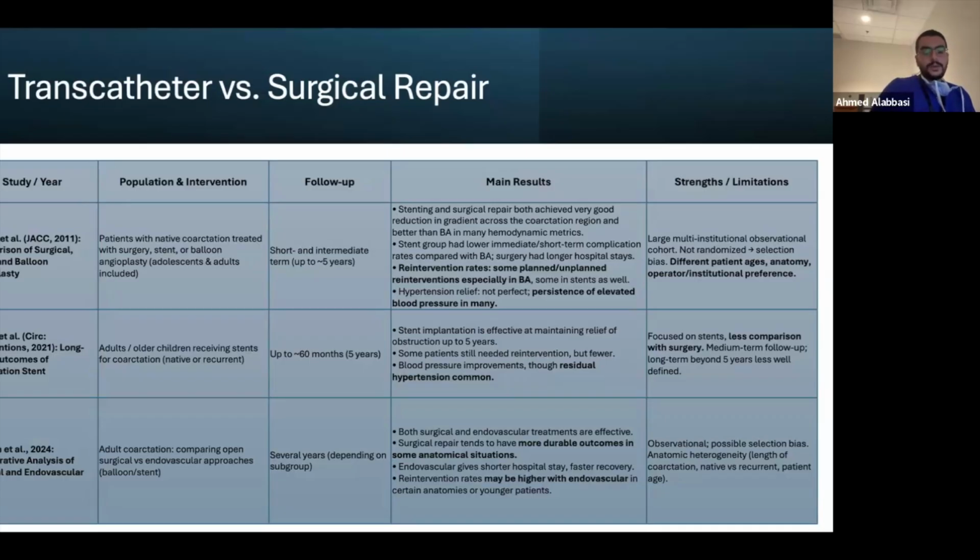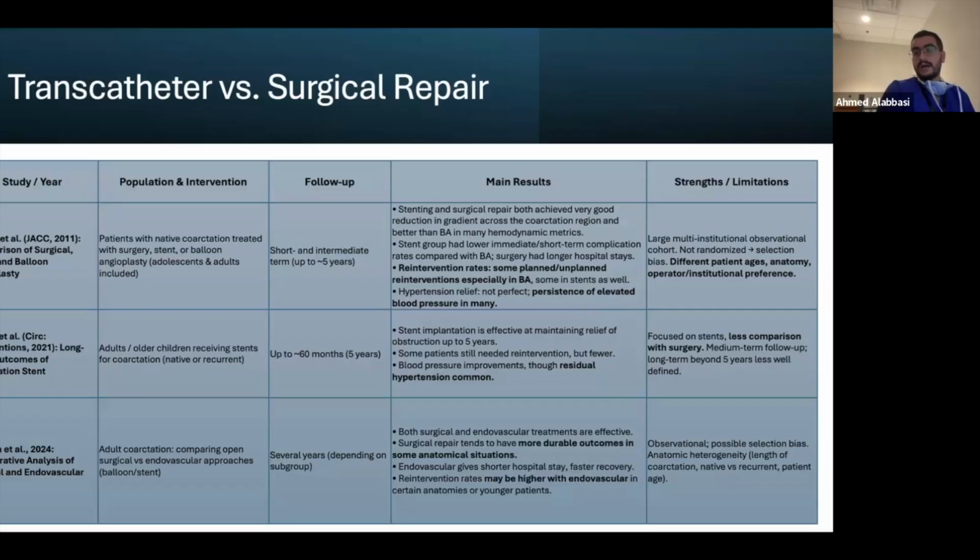And there was a 2024 study which looked at a comparative analysis. This was an observational study between surgical and endovascular repair, which basically compared open surgical versus endovascular with their balloon or stent. And this was a several years follow-up. Both of them were effective at relieving the stenosis.